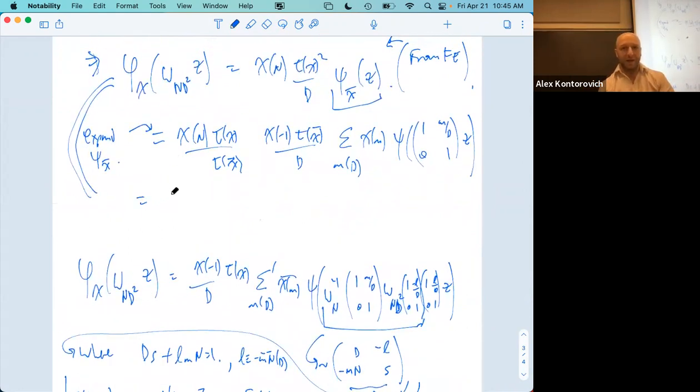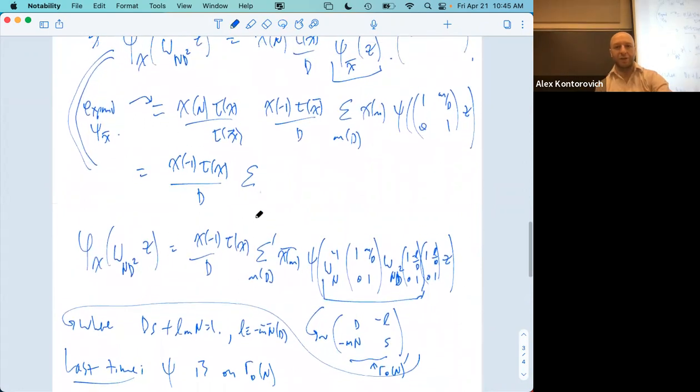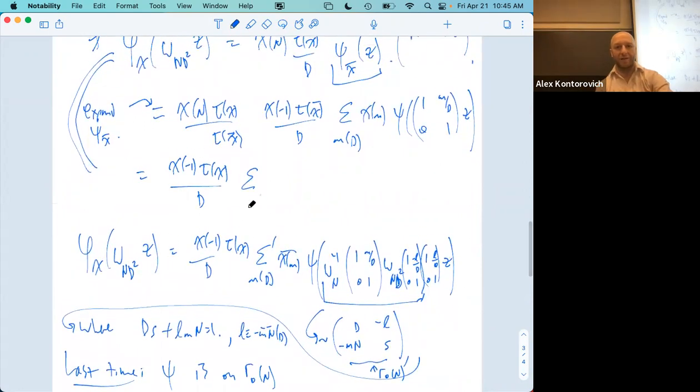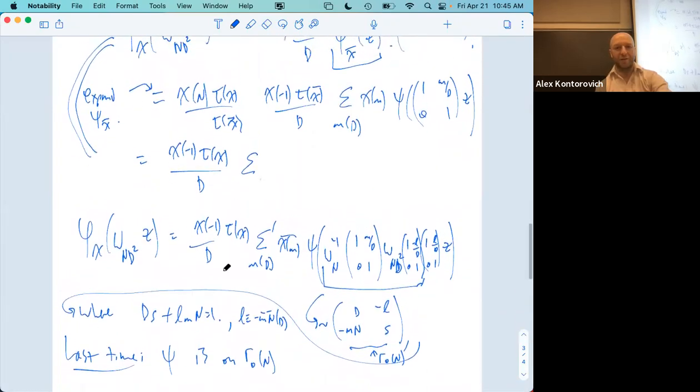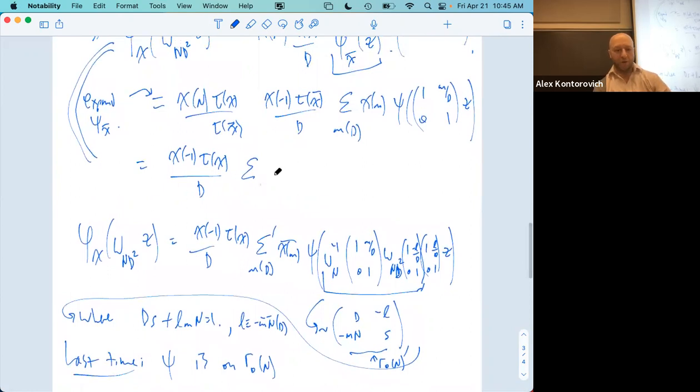So this is chi of -1, tau of chi over d, a sum over, this turned into a sum over L, if I recall, right? I want to sum over L. We made this change of variables. The chi of M turned into a chi of -1, chi of L, chi of N, right?